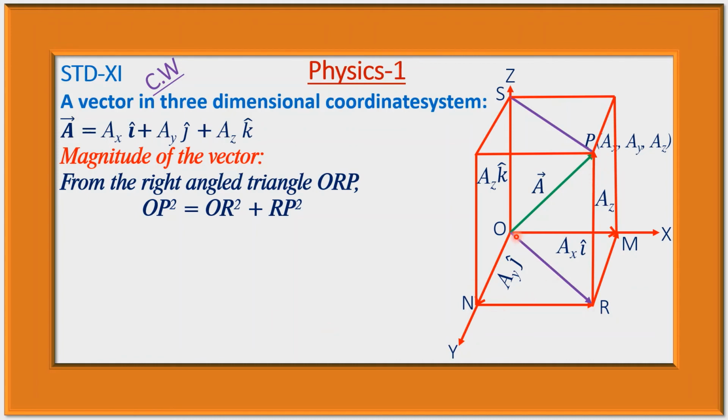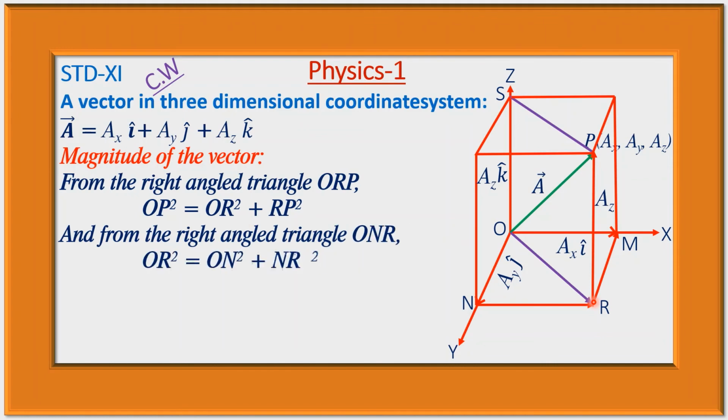And also we know from the triangle ONR, OR square is equal to ON square plus NR square. So OP square is equal to ON square plus NR square plus RP square.